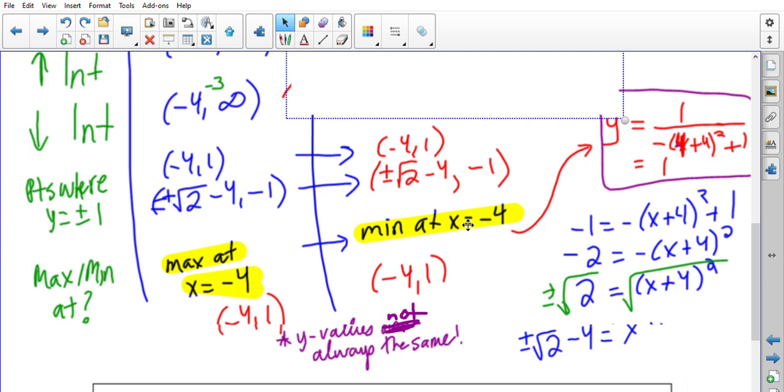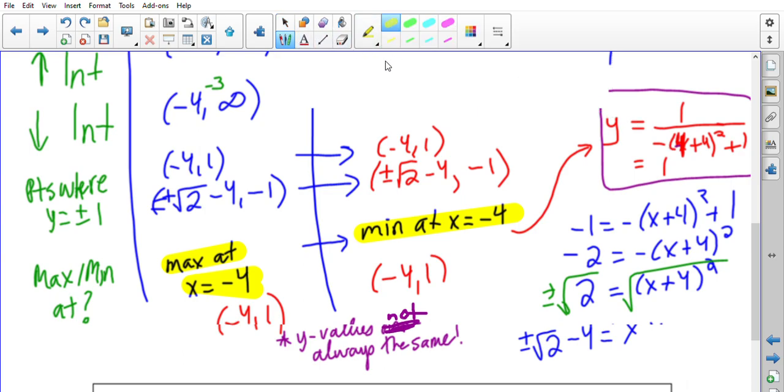So I sub in -4 into my reciprocal function: 1 over negative (4 plus 4) squared plus 1. What happens here is that we get a y value of 1. I'm sorry, that should say -4. My apologies. Let me fix that. -4 right here.